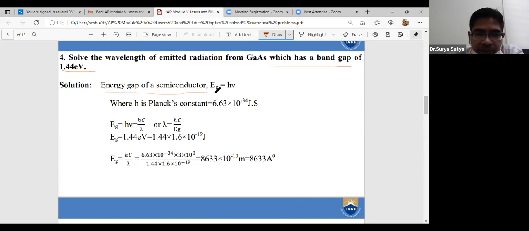The energy gap of a semiconductor is Eg equals h nu, where h is Planck's constant. Eg equals hc by lambda, that is, lambda is equal to hc by Eg. The energy gap is given as 1.44 electron volt, so from that, try to find the value. That is the energy gap you have to find out.